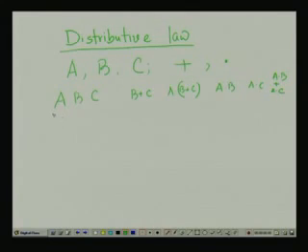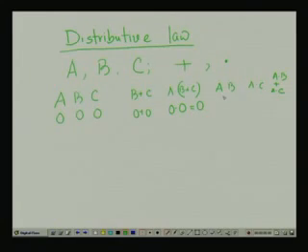Now, see, we take all the values of A, B, C. For 0, 0, 0, B plus C is 0 plus 0, 0, then 0 dot 0 equal to 0.